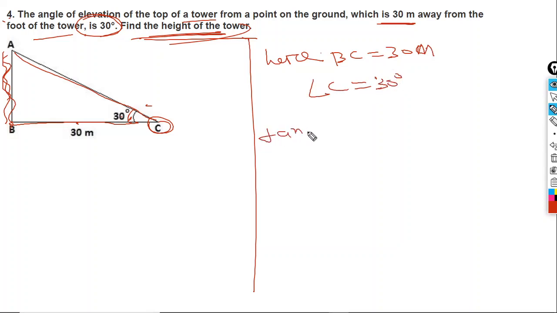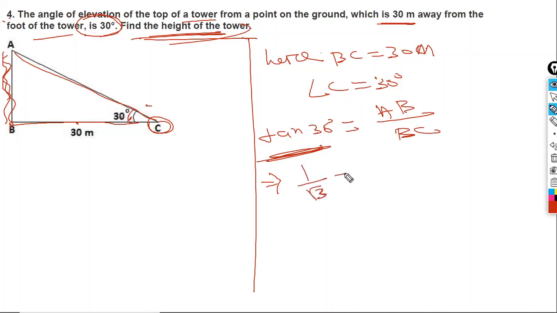Directly write tan 30 degree is equal to AB by BC, implies the value of tan 30 is 1 by root 3, equals AB by BC. Length of AB is not given, so you can write just AB by the length of BC.